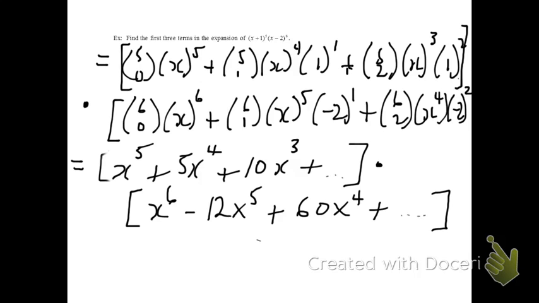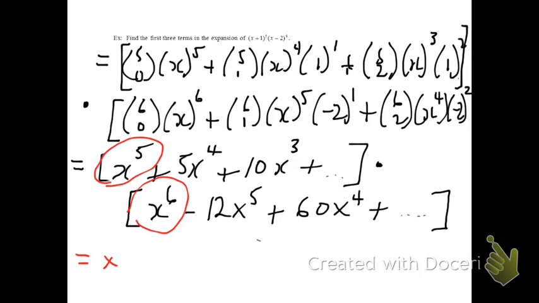And then we know that what we have to do now that we've expanded it all out, of course, is multiply everything through. And again, just remembering what our goal is, we're looking for the first three terms in the expansion. This would be just like any other expansion that we're doing. We're going to be multiplying each of the terms together.